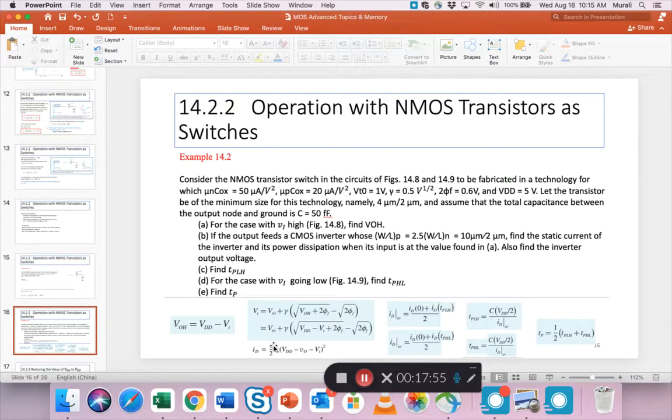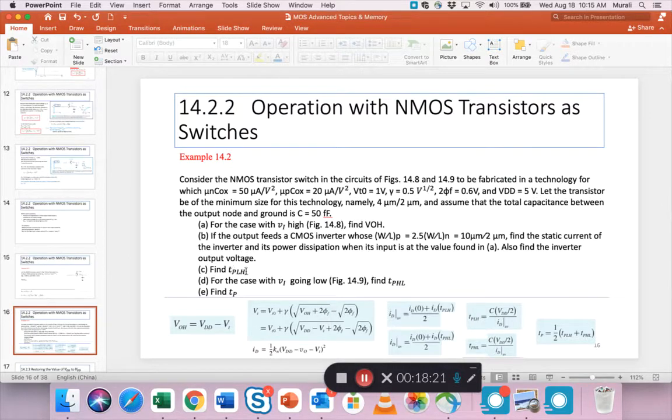So if you use this formula, you can find ID for the PMOS. And then he also does static power as 90 microwatts. That's a simple P equals VI. Okay. And also he finds the output voltage quickly. So that is part B, and I'll let you read it.